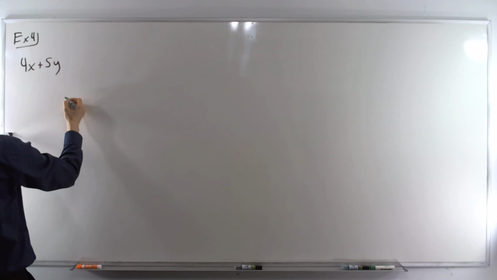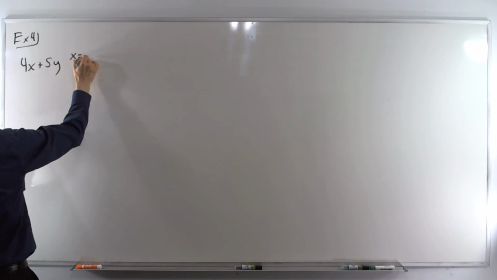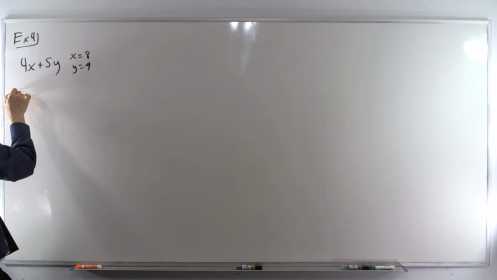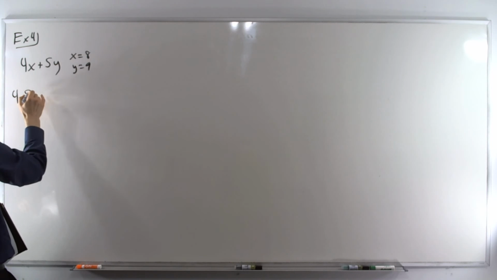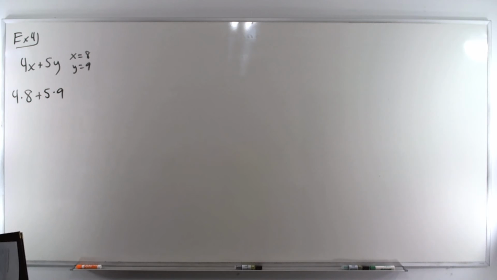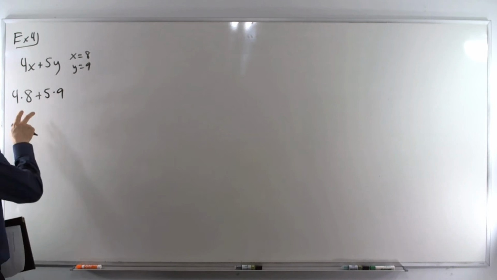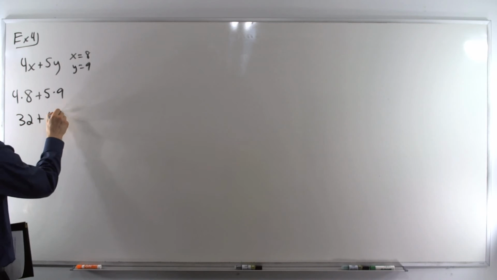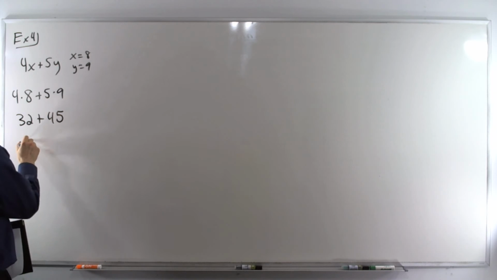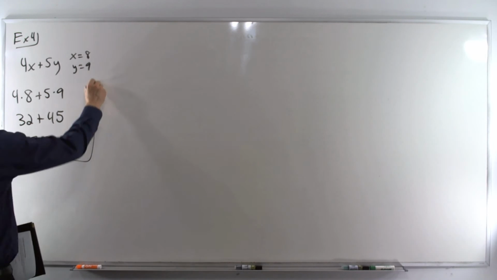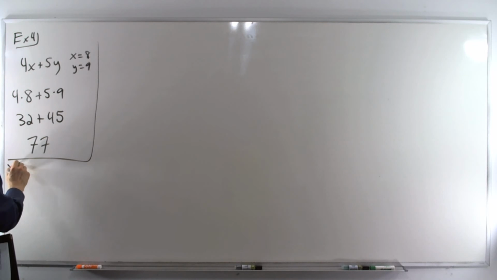For x plus 5y when x is 8 and y is 9. Just got to make sure we plug the right number in the right spot. So 8 for x, 9 for y. Now we'll multiply it out. We got 2 multiplications separated by addition, so we can do them both at the same time. 32 and 45, add them together, and we get 77. Your turn, number 4.